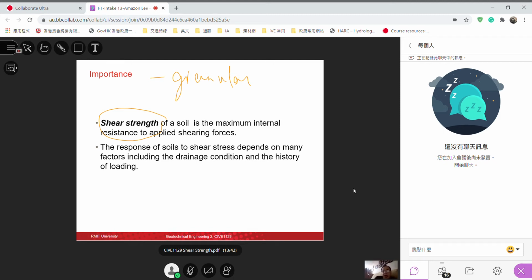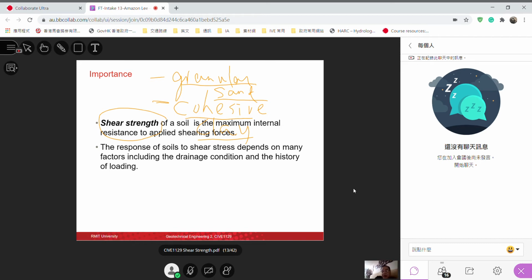Anyway, the major component of the soil is sand. So is it granular material or cohesive material? That means clay. Clay is the predominant cohesive material, and sand is the predominant granular material.